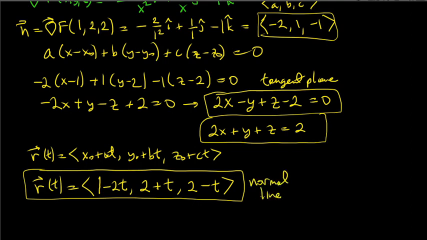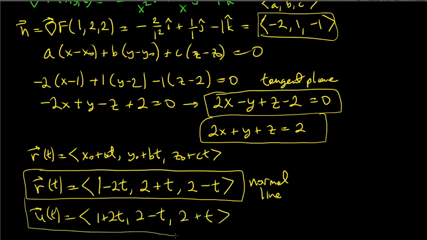Right. And remember, this is not unique. Obviously, if you had an answer of 1 plus 2t, 2 minus t, and then 2 plus t, that's just as good, right? You're just moving along a line, and whether your vector is pointing this way or this way doesn't matter.